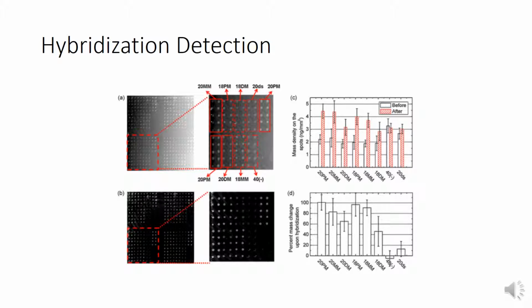The first figure depicts the results of their tests to prove detection of hybridization through their imaging method. In part A of this figure, you can see the initial non-hybridized DNA in solution.